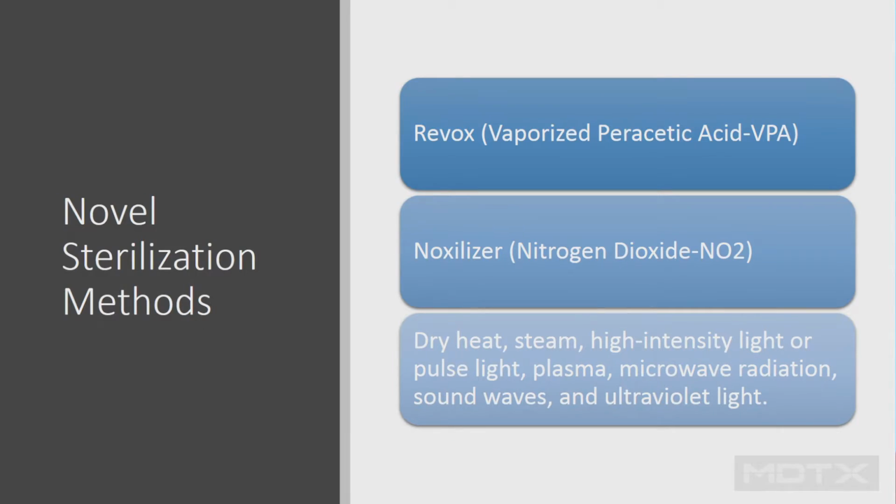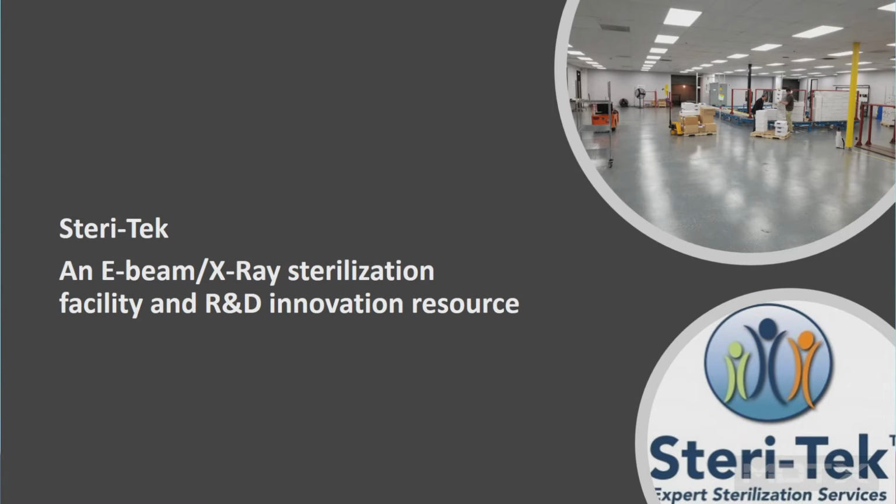Revox and Noxilizer, which use vaporized peracetic acid and nitrogen dioxide respectively, have advantages over ethylene oxide because product can be processed at room temperature, whereas with ethylene oxide, you're typically looking at a minimum processing temperature of 50 C. And for sensitive materials, it could be too deleterious to sterilize via EO. So those are interesting technologies.